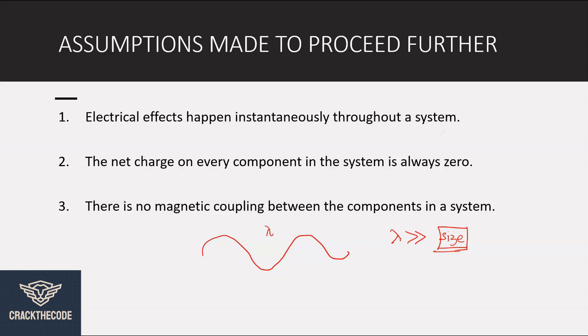But if you consider the case where the wavelength of this electrical wave is much larger than the size of the electrical circuit that we are dealing with, in that case, we can say that electrical effects are uniform and can happen throughout the system in a uniform manner.